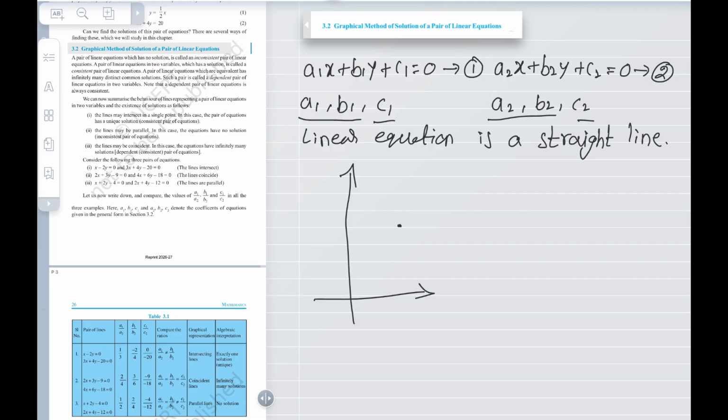Through that one point, infinitely many lines can pass, which means in a linear equation in one variable you will not get the exact direction of the line.